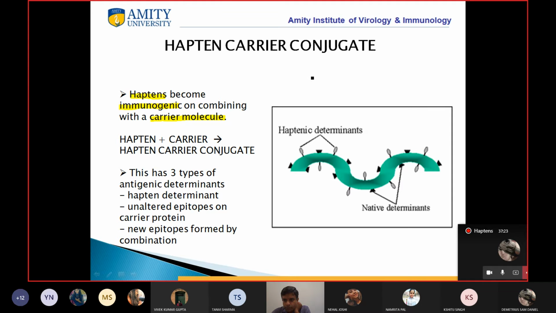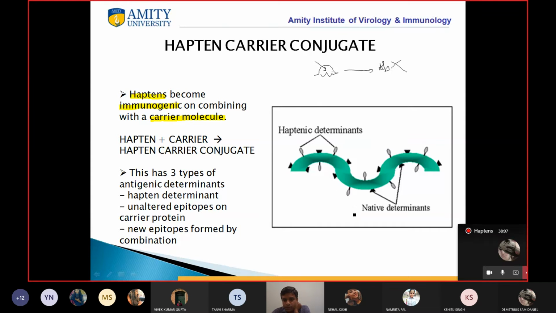Suppose you take a mouse and you put hapten in it. In this case, antibodies will not be generated, because the hapten is not able to induce an immune response, therefore there will be no antibody against this particular hapten.